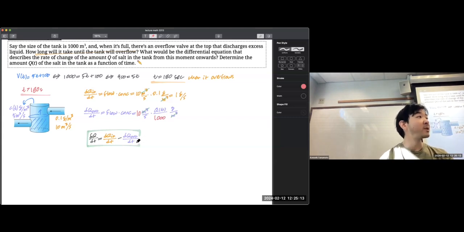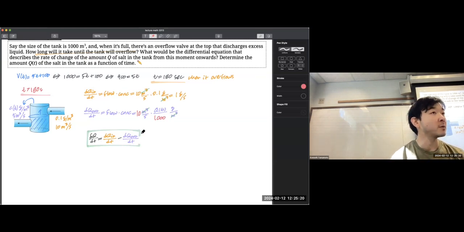These are the two changes we have to make from before it overflowed to after it overflowed. Now all the water is just leaving, and the volume is fixed at 1,000 because the tank is letting it all go out. So this is actually an easier problem because we have a constant volume.